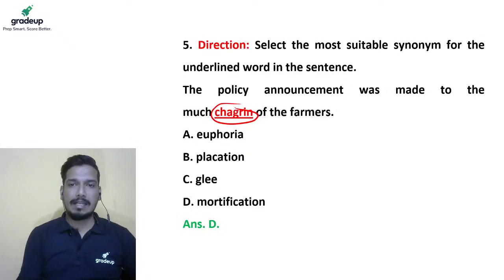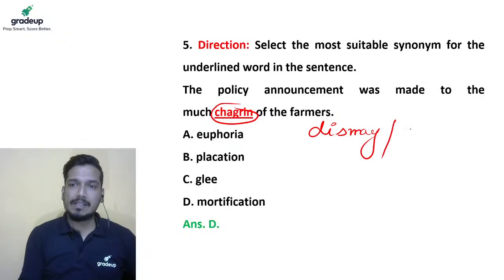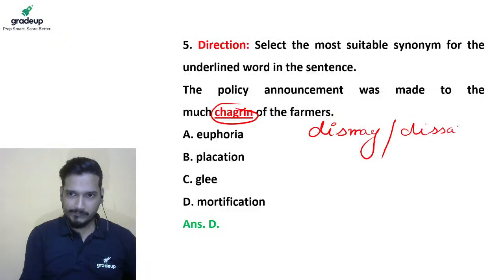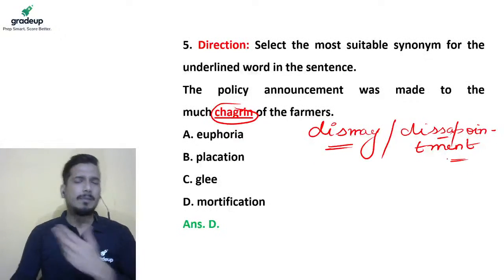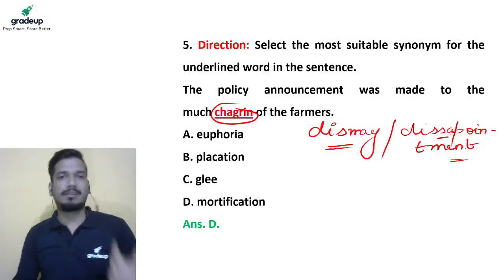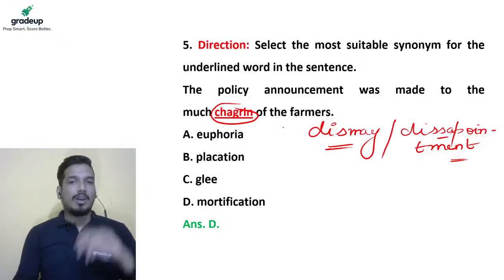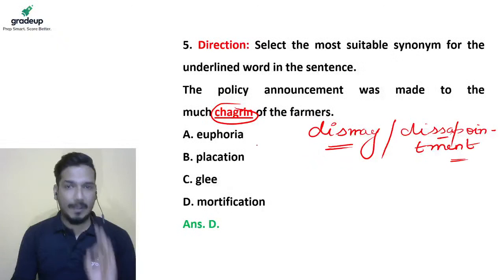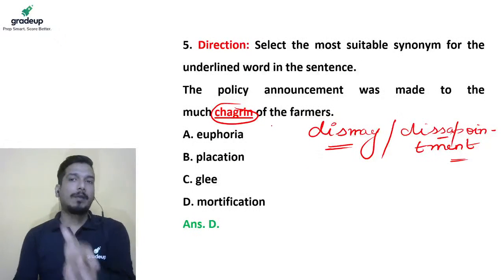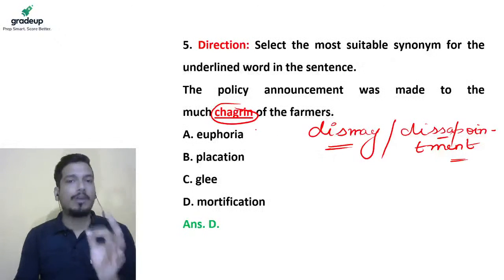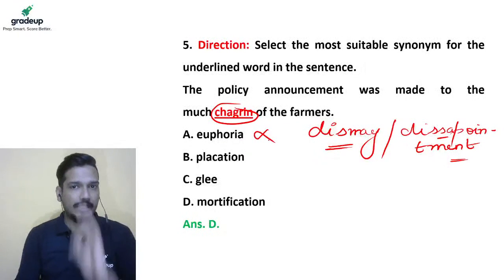Chagrin means dismay or disappointment, or when something does not please you. Euphoria means a state of intense happiness. Had this question been to find the suitable antonym, you would have marked A, but that's not the case.